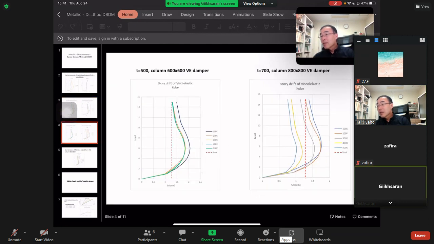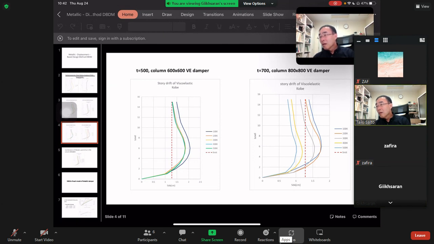The next slide also indicates the difference of wall thickness and the difference of column under the Kobe wave. It's only viscoelastic damper, but unfortunately, for wall thickness 500, all designs of viscoelastic damper are not good.